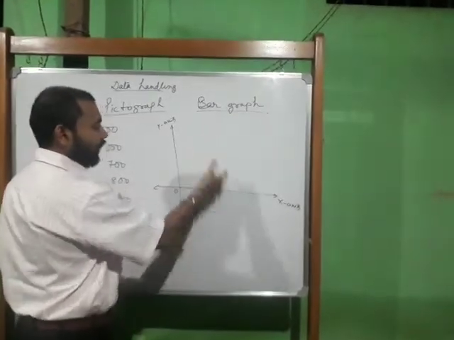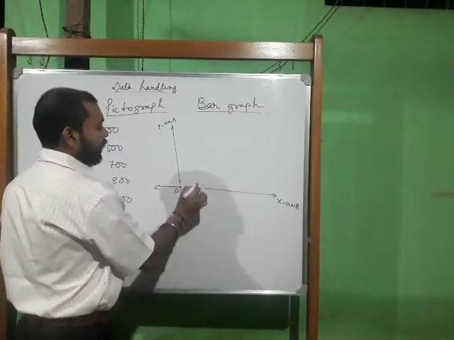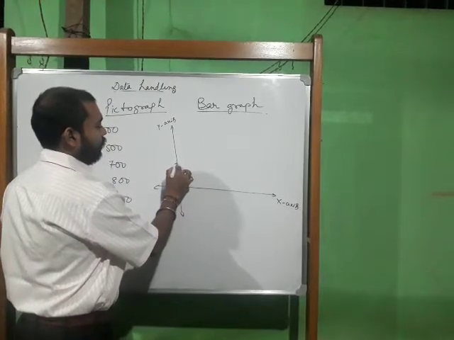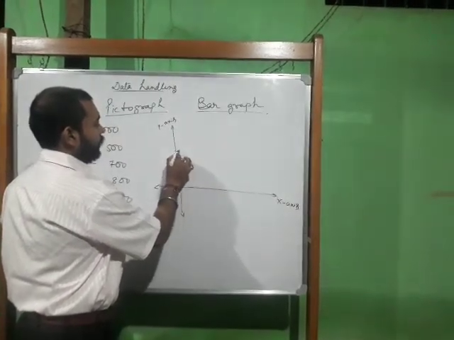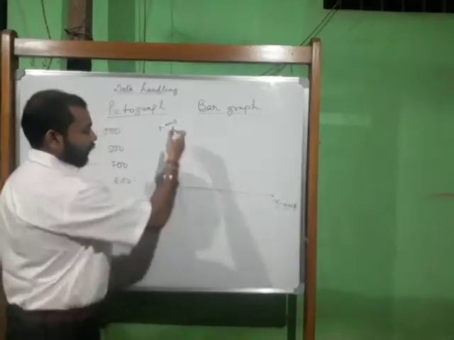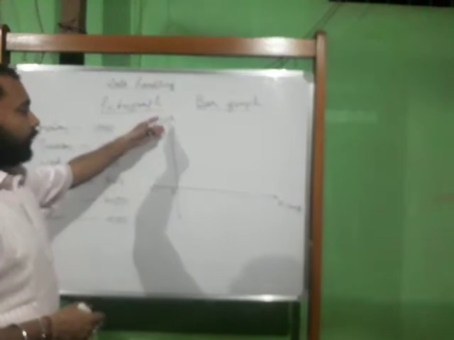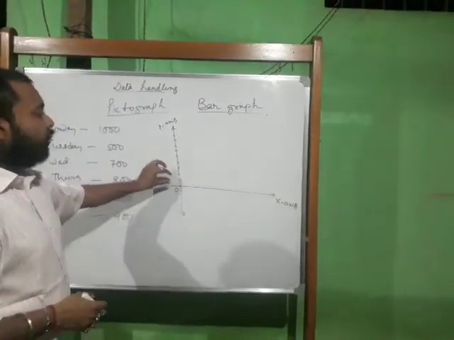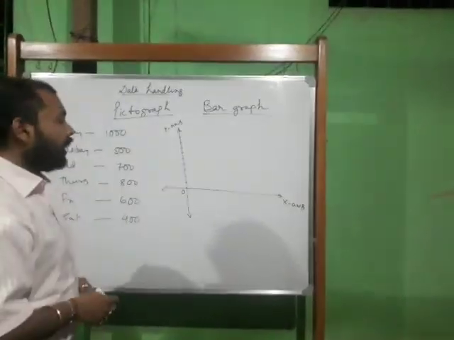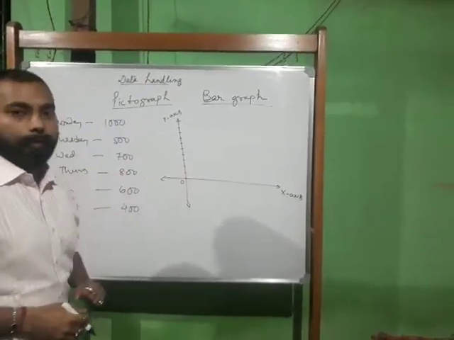Since I am doing it on the plain board, I have to make equal divisions here. 1, 2, 3, 4, 5, 6, 7, 8, 9, 10. My graph divisions may not be equal, but you have to use your measuring scale to make the divisions equal. Otherwise you can use graph paper also.